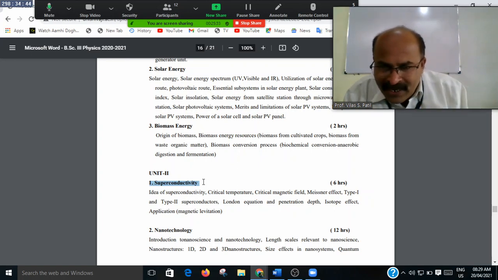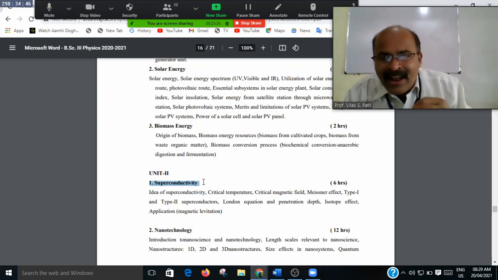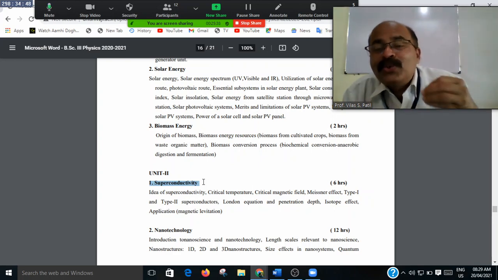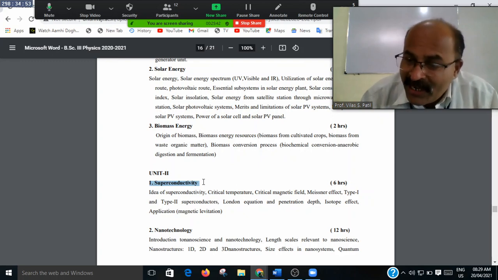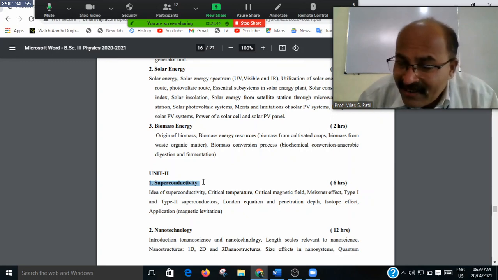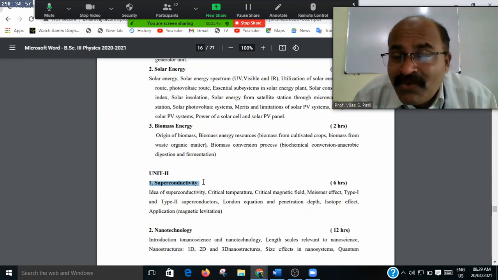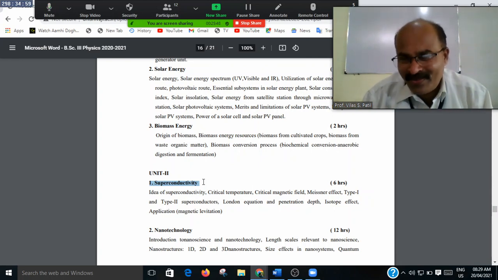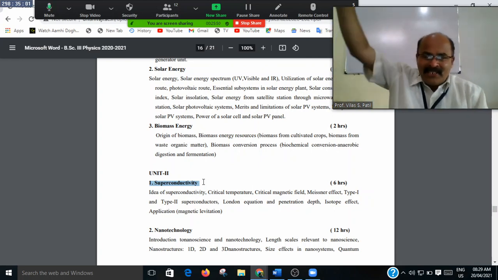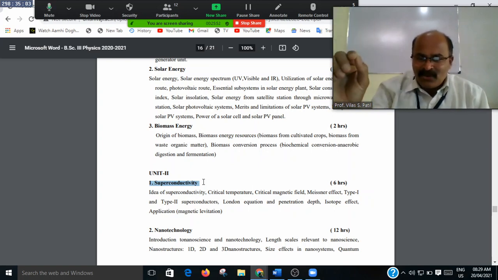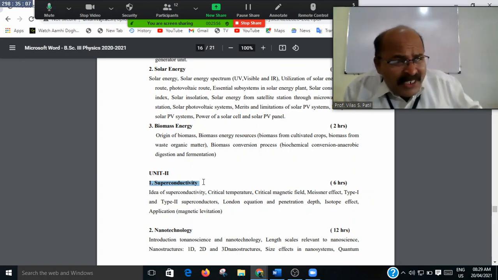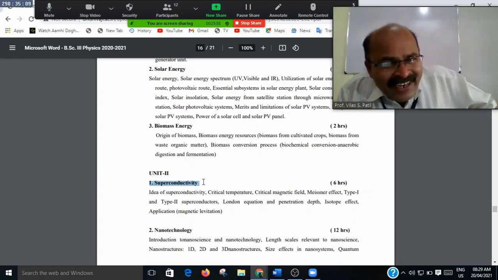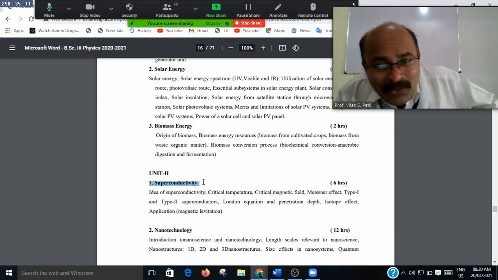The superconductor has the property of superconductivity. Superconductivity is the property of matter whose resistivity is 0. Infinite resistivity comes to the insulator. Zero resistivity, that matter will be known as a superconductor.